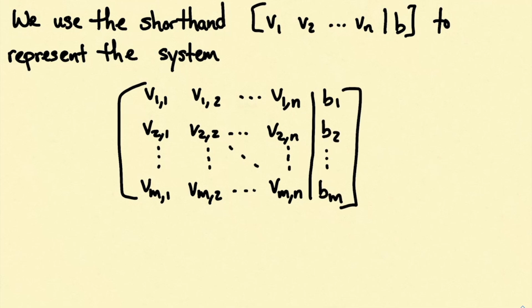Now, to tie the system to the linear combination, we make the following observation.